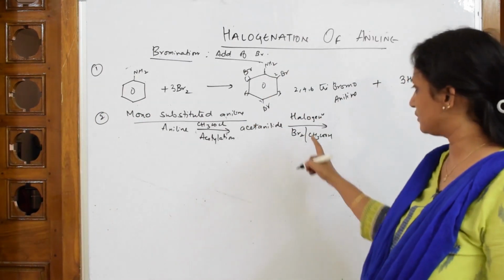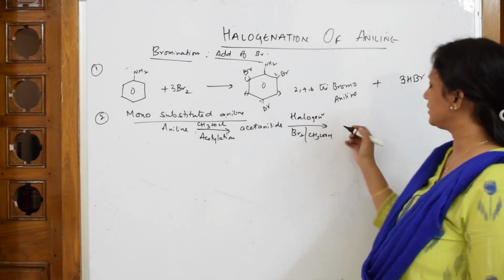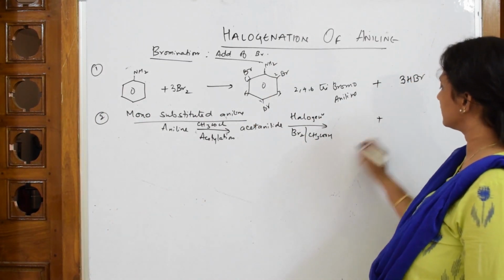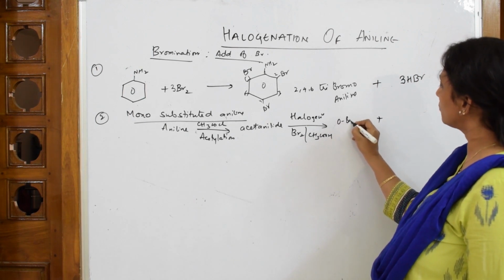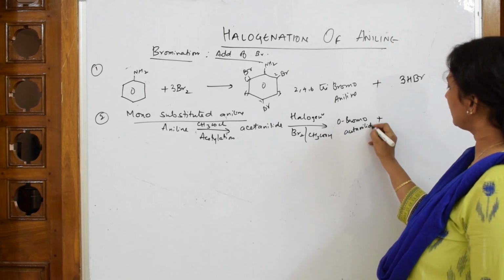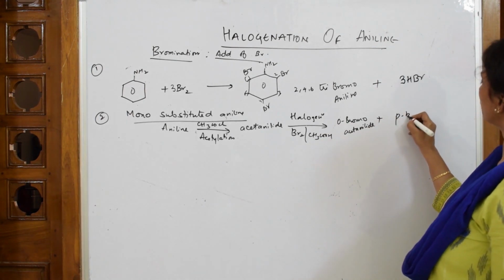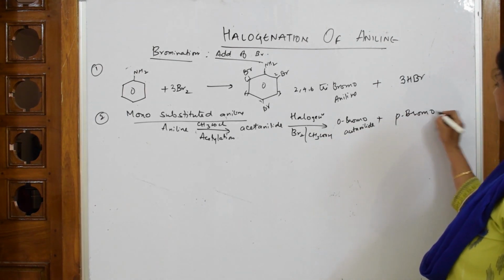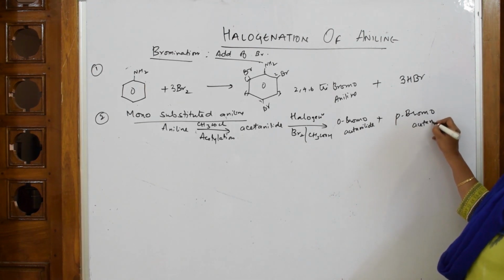Then when you halogenate it, acetanilide will get converted into 2 products. One is orthobromoacetanilide and the other is parabromoacetanilide.